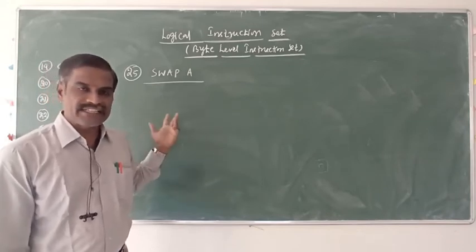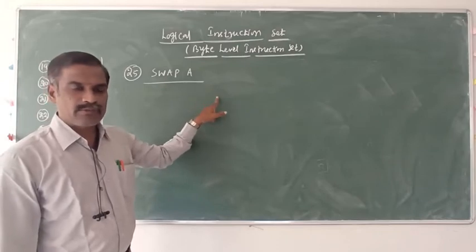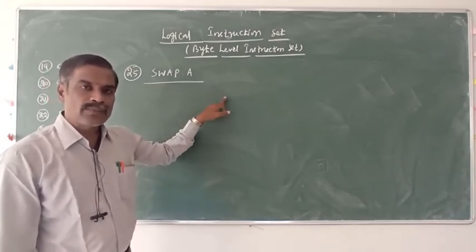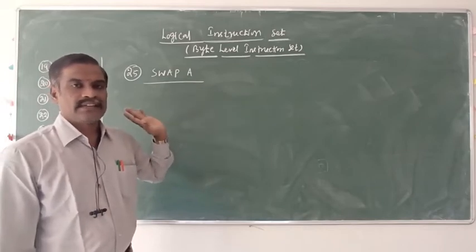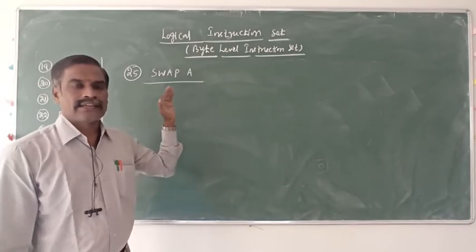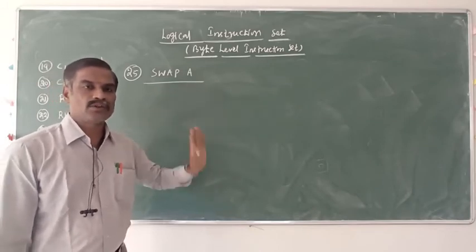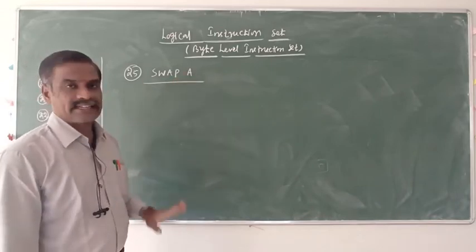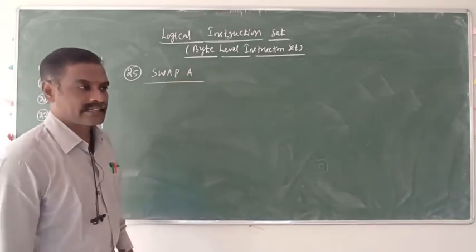This is for interchange of LSB 4-bit data to MSB, and then MSB 4-bit data to LSB. Interchange of 2 4-bit data, LSB to MSB and MSB to LSB. Only accumulator content, not some other content.